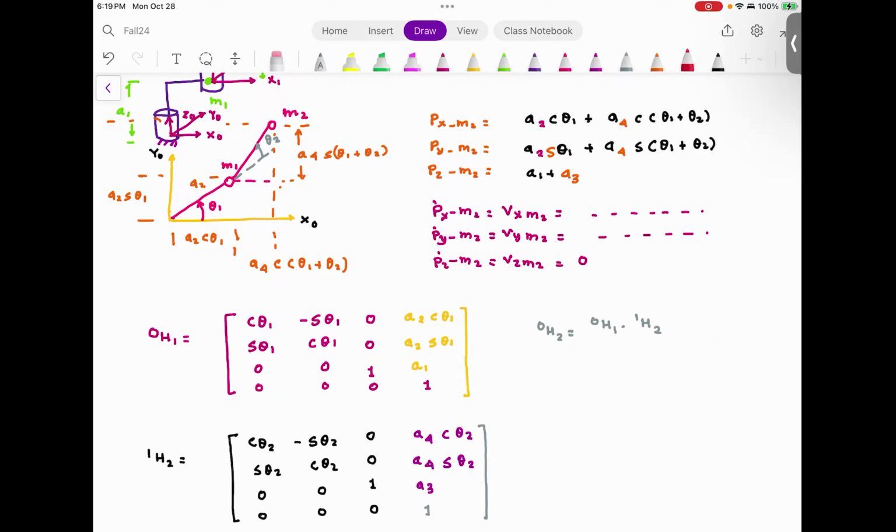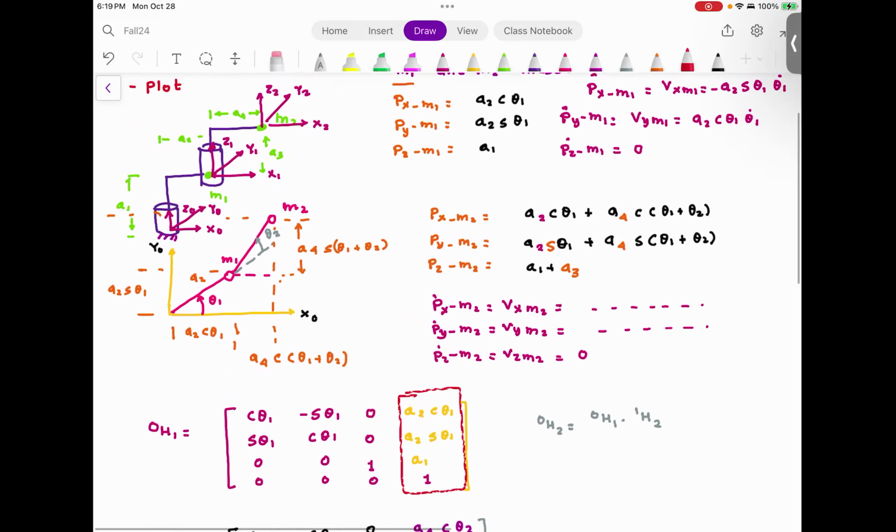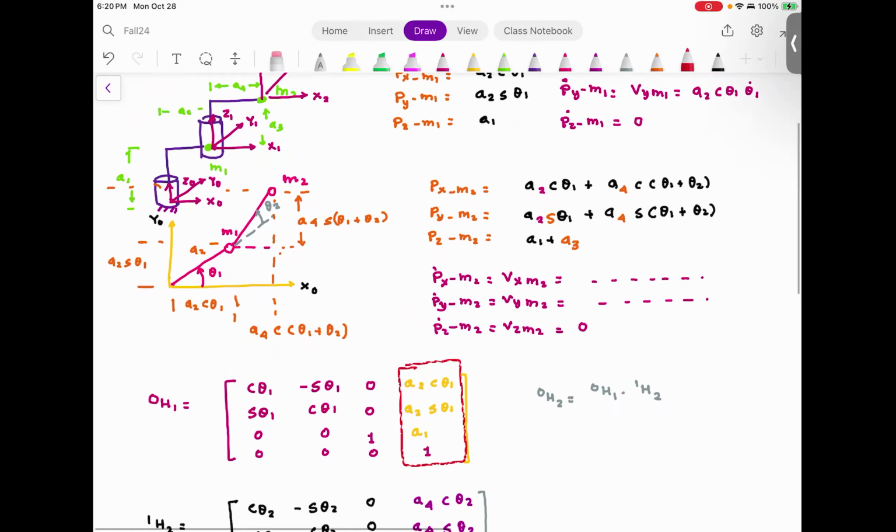Now, this guy here, you can see this is PX M1, the first guy: PX M1, PY M1, and PZ M1. It is the same expression that we derived over there. Everyone understood this? To find out PX M2, PY M2, and PZ M2, we need to perform this multiplication.